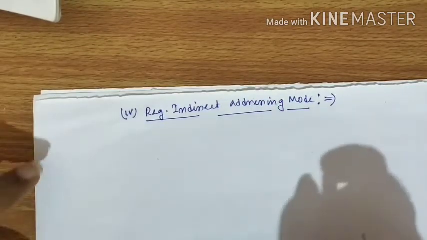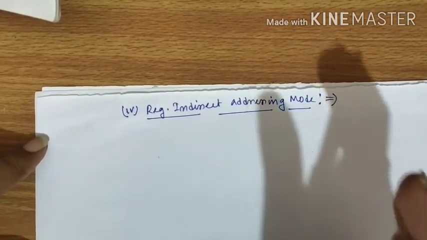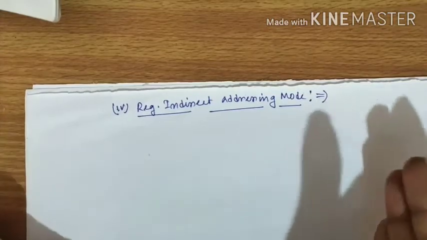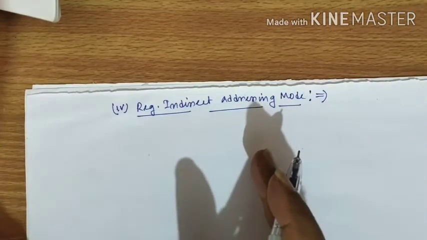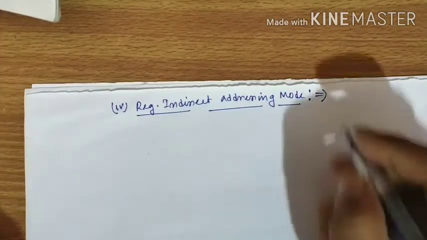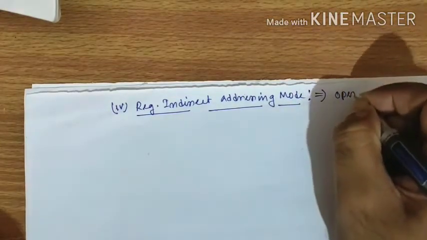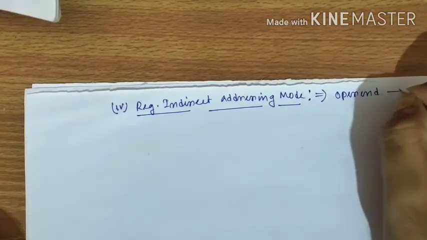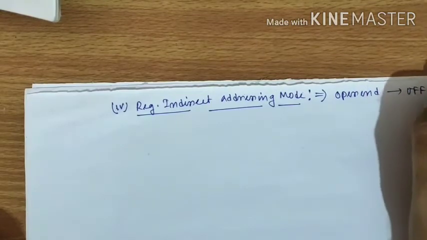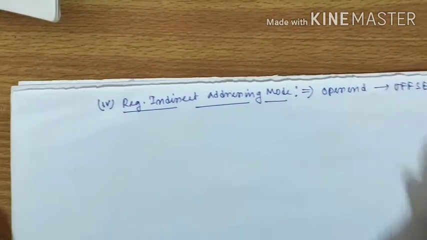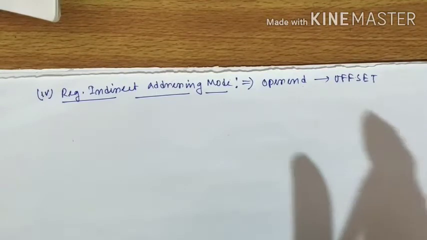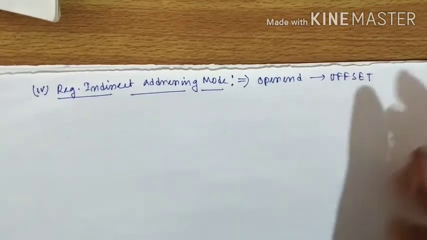So register indirect addressing mode, what will happen? The offset will be indirectly available within the register itself. So here the operand is once again offset, but this value will be available within registers.